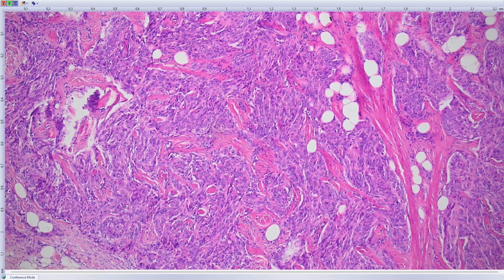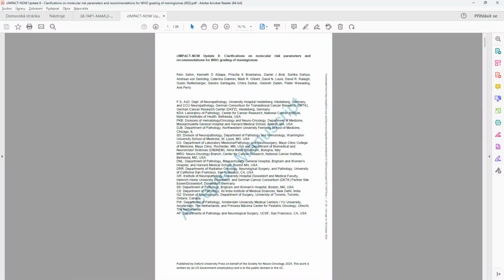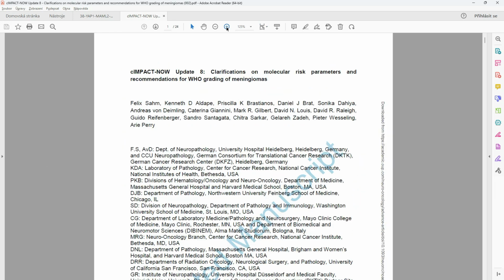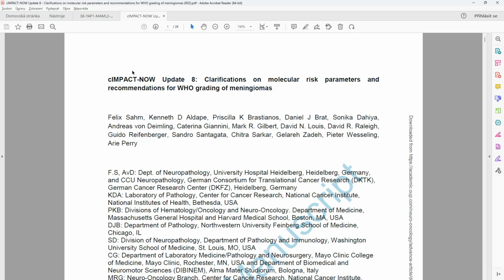And now I will show you a paper, which is, I believe, still in press. So it's another recommendation from cIMPACT-NOW: clarification on molecular risk parameters and recommendation for WHO grading of meningiomas.